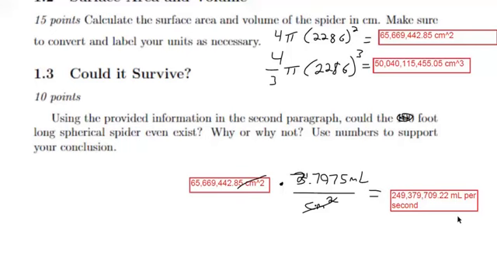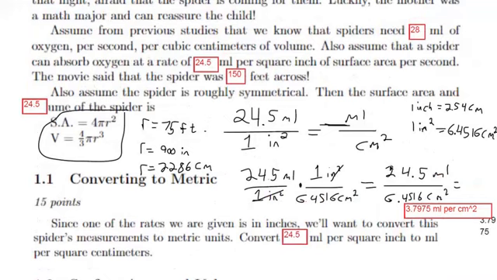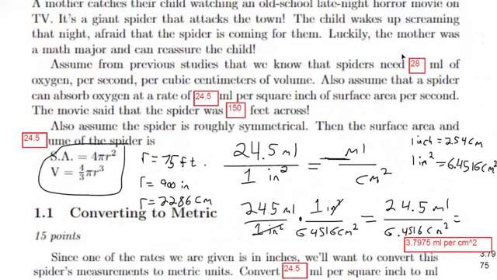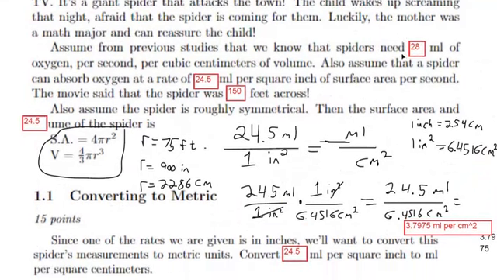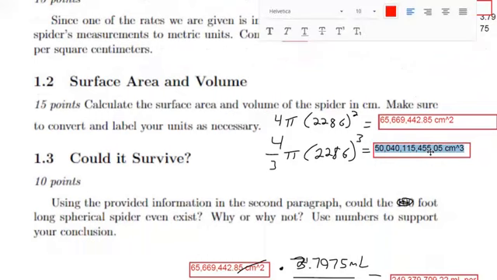And then the volume of the spider. So the spider needs 28 milliliters of oxygen per second per cubic centimeter of volume. So that's its need. It needs 28 milliliters of oxygen per second per cubic centimeter of volume. So we have this much for its volume.